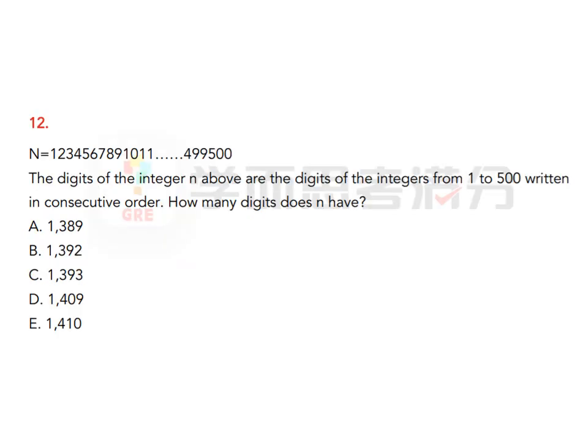We are on question number 12. The digits of the integer n above are the digits of the integers from 1 to 500 written in consecutive order. How many digits does n have? We can use the counting method separately for 1 digit, 2 digits, 3 digits.